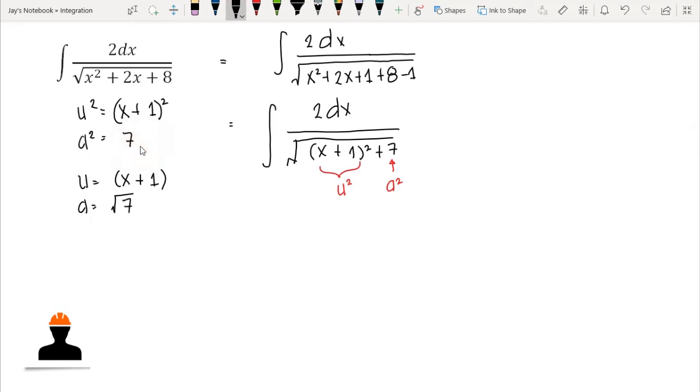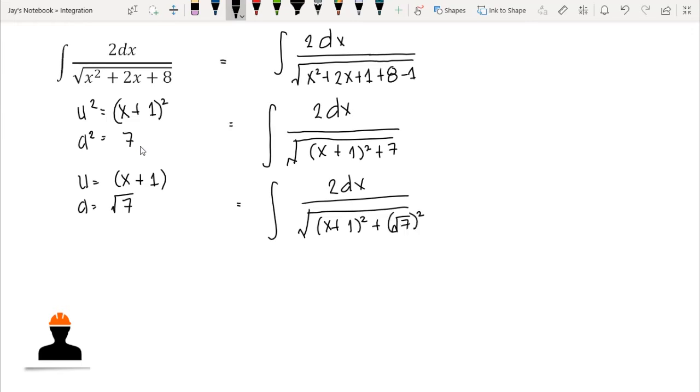So we can rewrite this form into the integration of 2 dx over the square root of x plus 1 squared plus square root of 7 squared. So this is our u that is being raised to 2, and this one is our a that is being raised to 2.